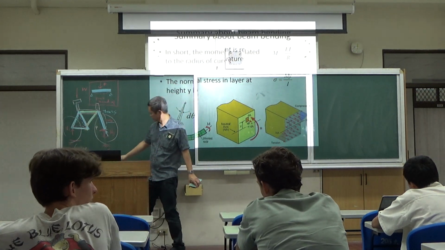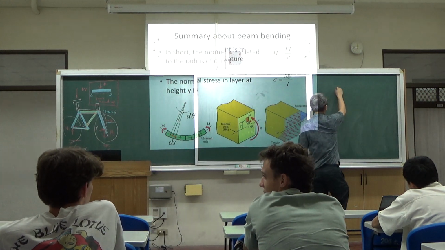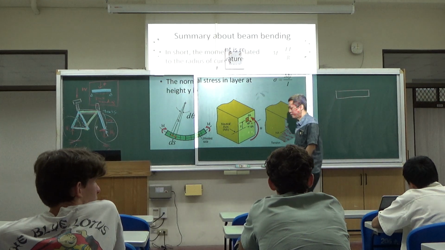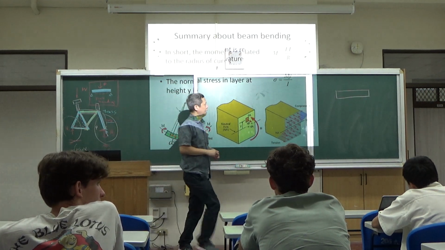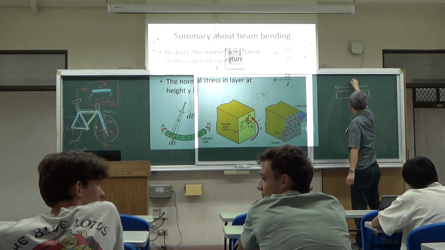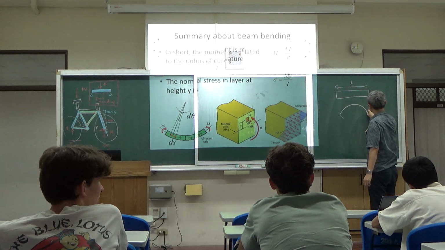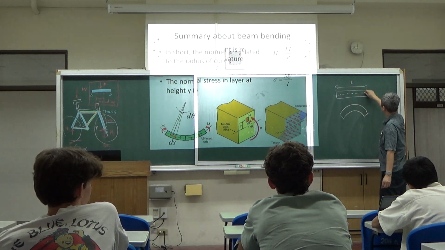The first thing we're going to analyze is quite a straightforward one. If you have the beam and you subject it to pure bending, this beam will have a starting length of L. If you bend it, let's say this is the neutral plane.